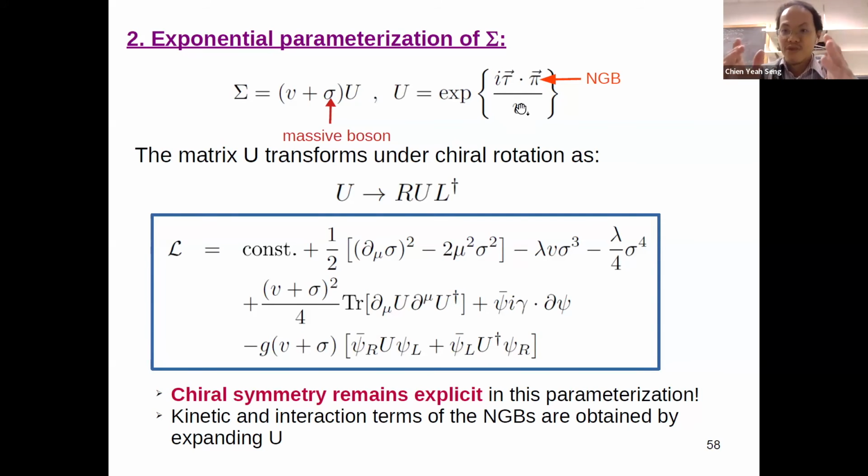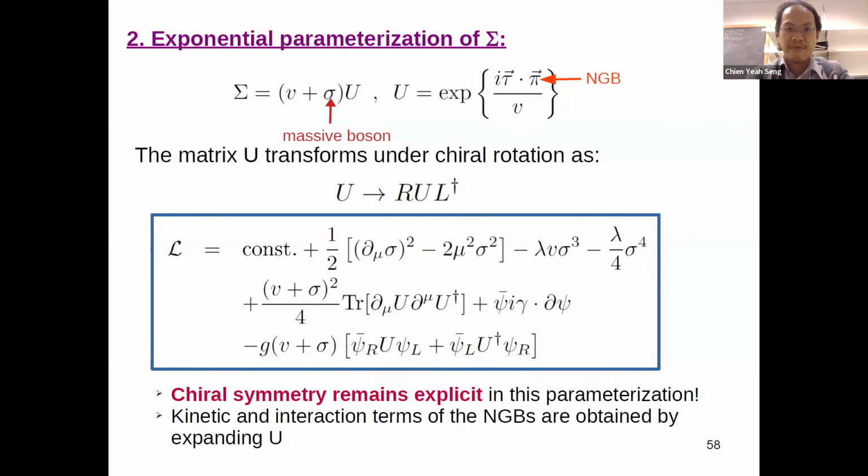And then we define the chiral transformation rule of this U to be the same as the sigma, namely R times L dagger, while the small sigma is invariant under chiral transformation.